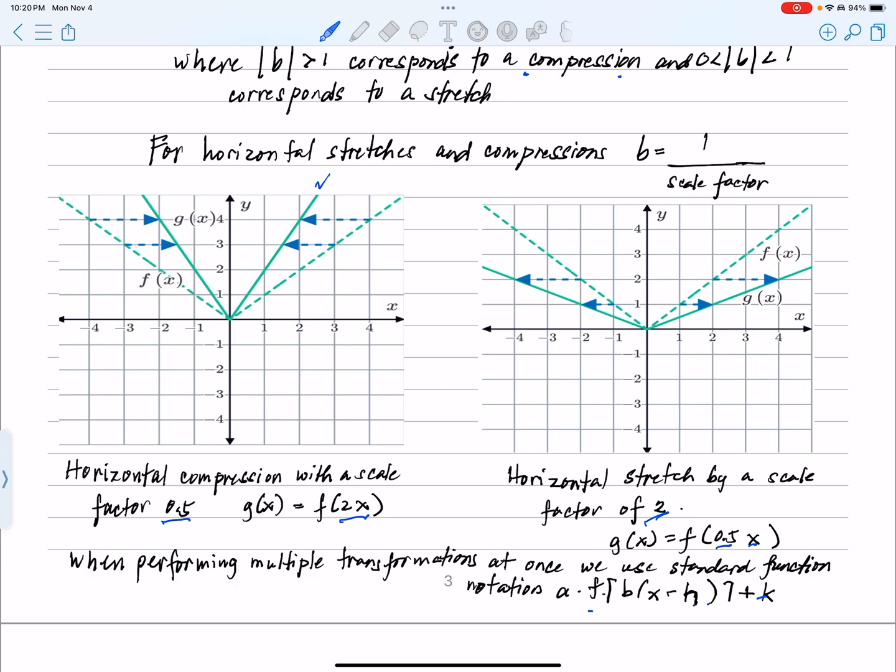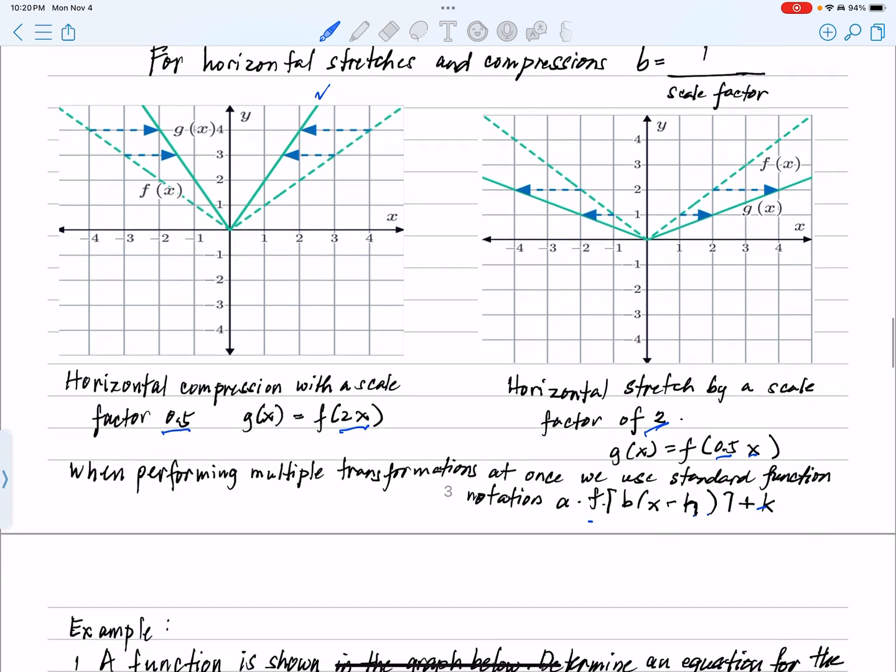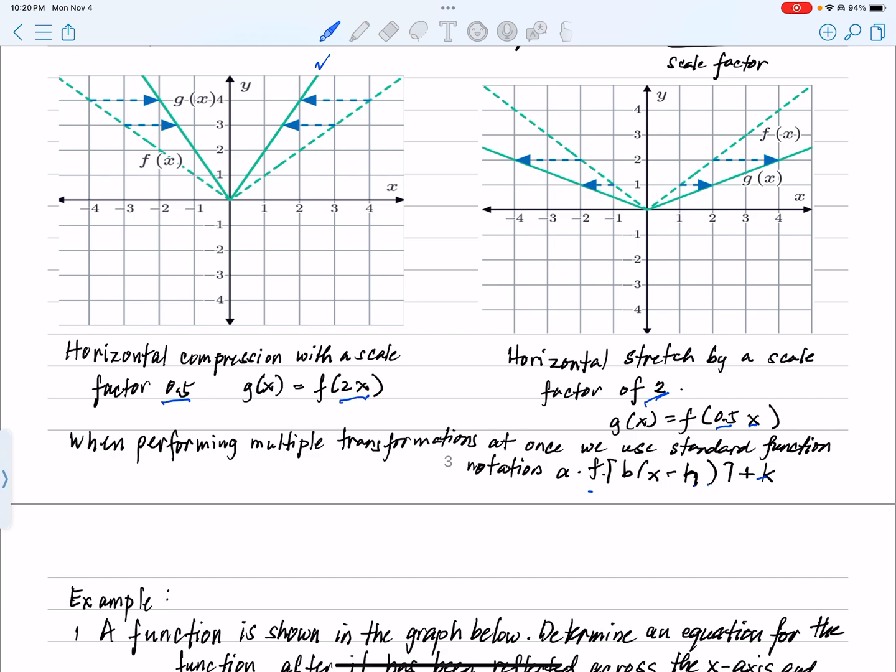Okay, so when performing multiple transformations at one time, we use the standard form of the notation: a times f of b times (x minus h) plus k, where the a, b, h, and k are all present.